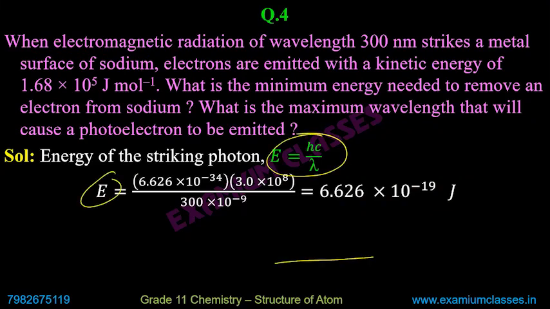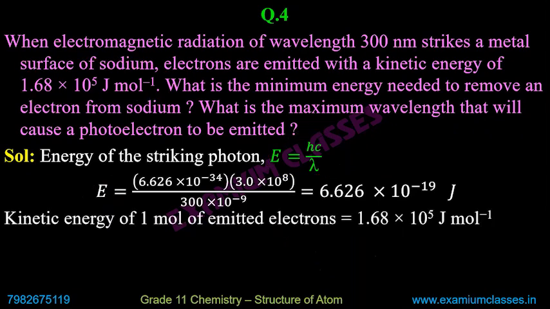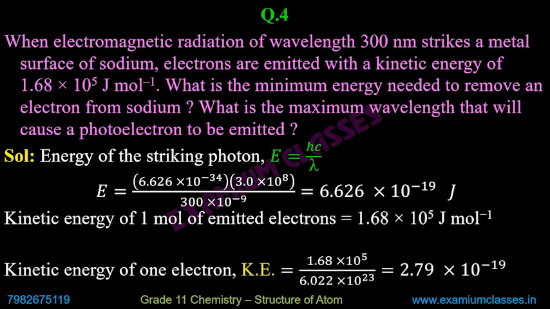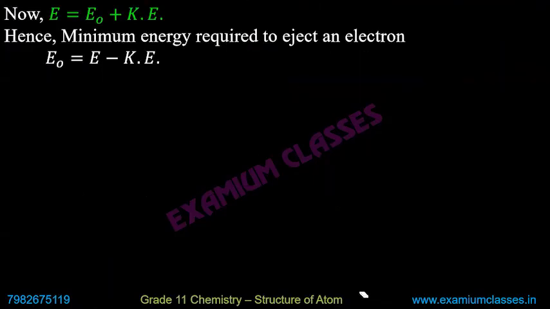We calculated the energy of the incident photon, E. Kinetic energy we get by dividing by N_A, the Avogadro number. E naught will be their difference. So we calculated the kinetic energy for 1 electron by dividing by the Avogadro number. After this, we just applied the formula E equals E naught plus kinetic energy and got the answer.